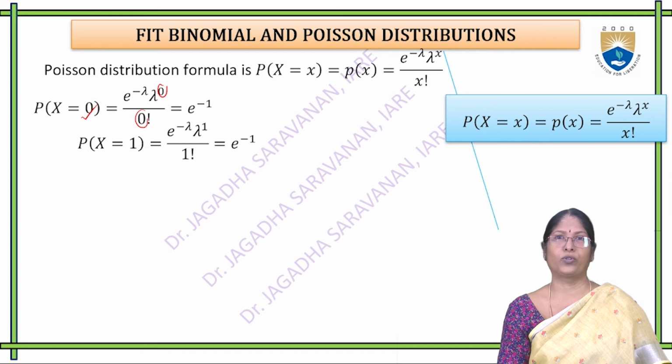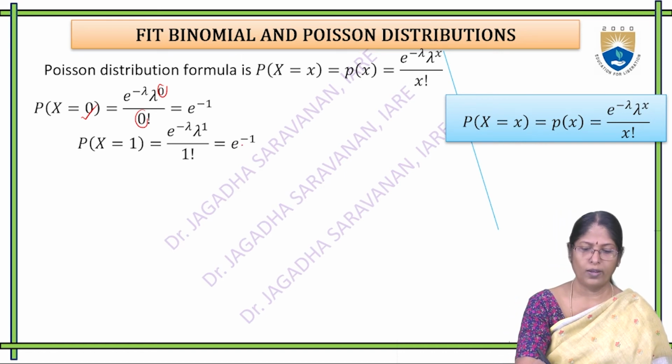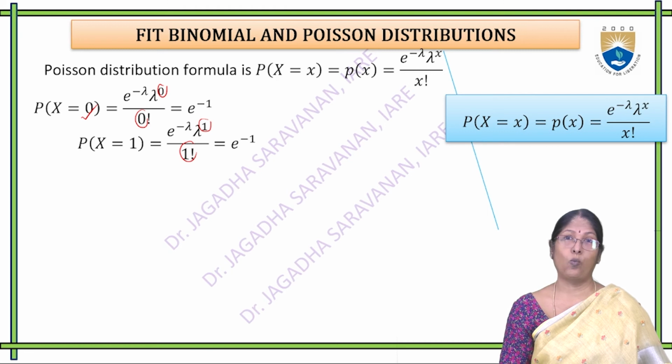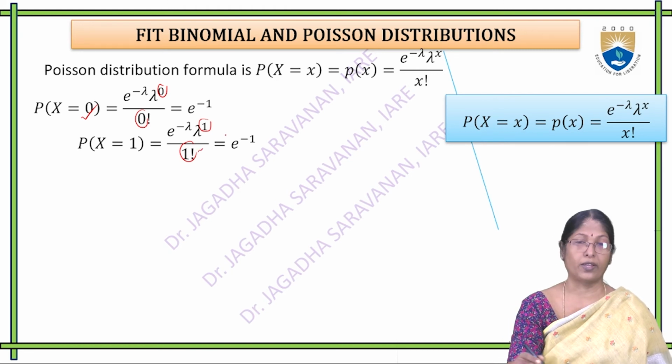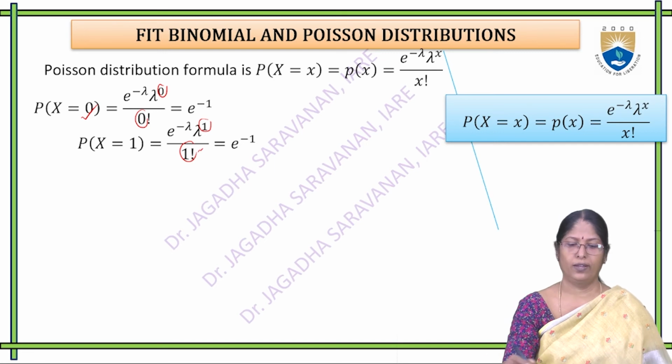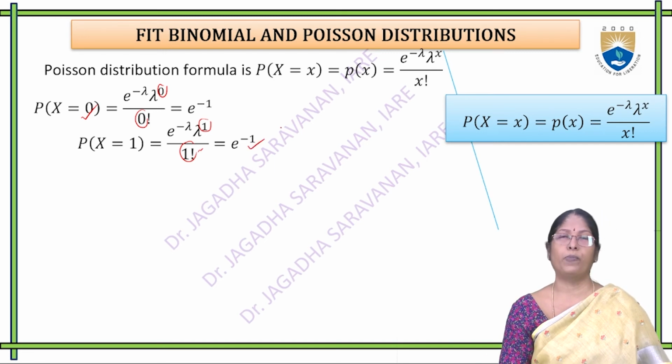Then we move to 1. For 1, we replaced x as 1. The numerator is 1, whereas the denominator is x factorial, 1 factorial, and finally we got e power minus 1.